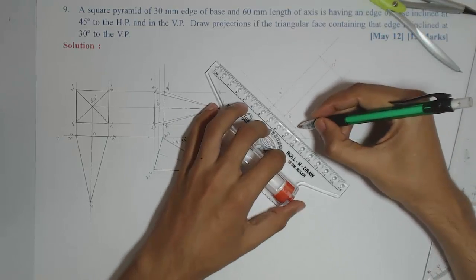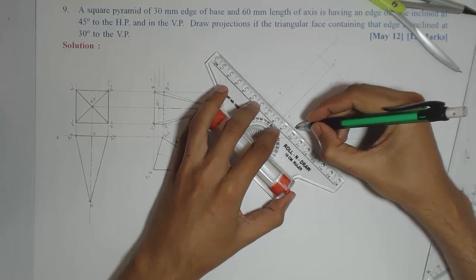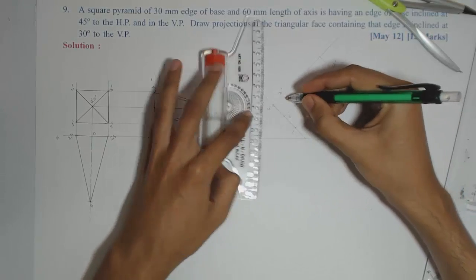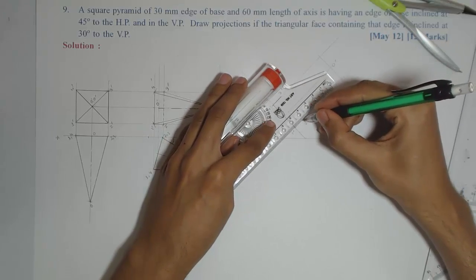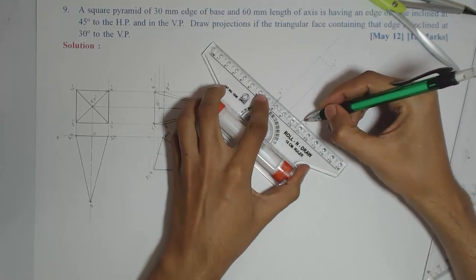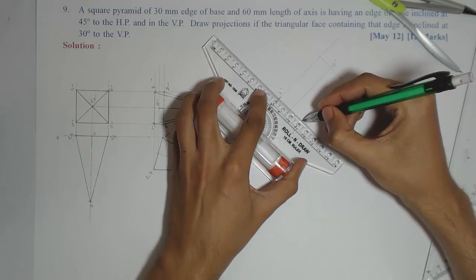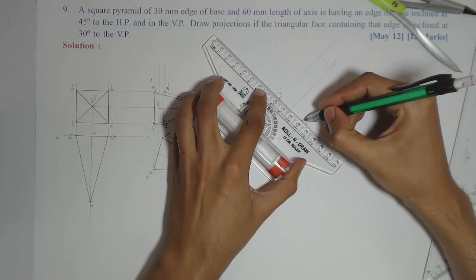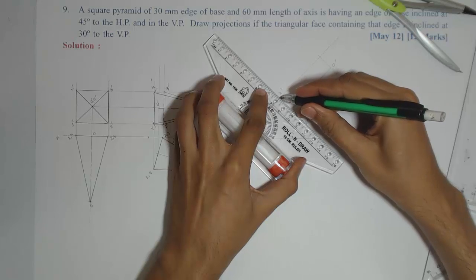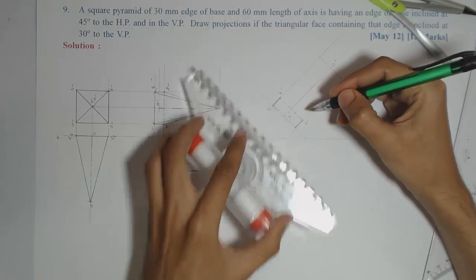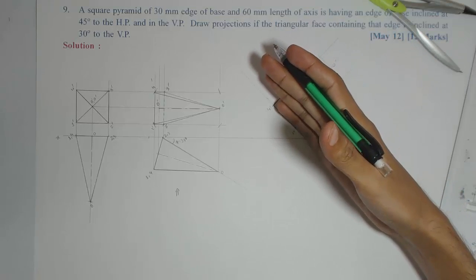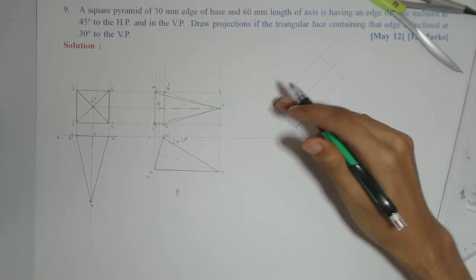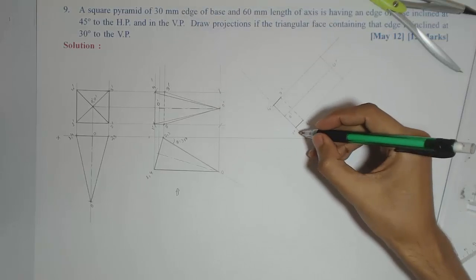Now I'll redraw with the same visibility after marking all the points. So this boundary, and then 2 dash 3 dash is a dotted line, which is the base edge we need to make inclined at 45 degree. But since that base edge is parallel to this base edge, while drawing the rectangle we first initially mark 1 dash 4 dash, which is the boundary of the rectangle at 45 degree.